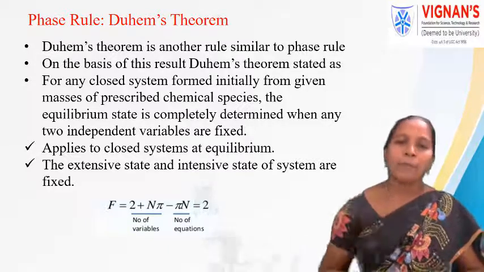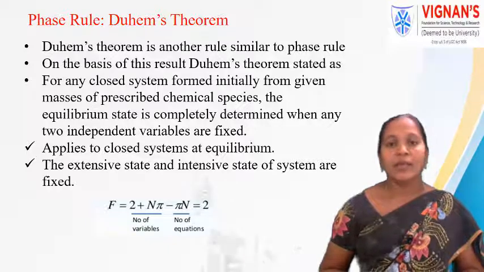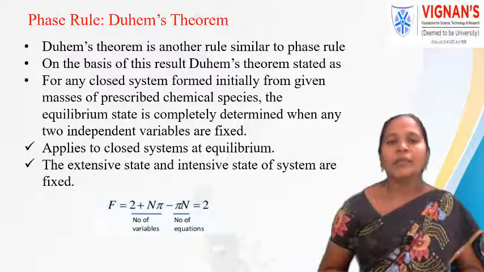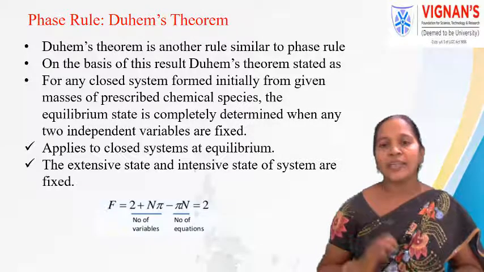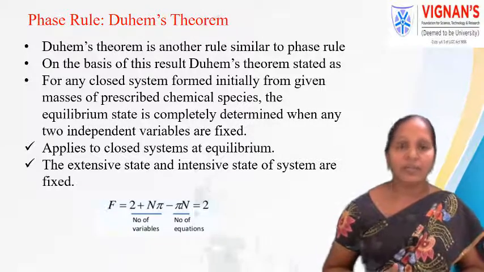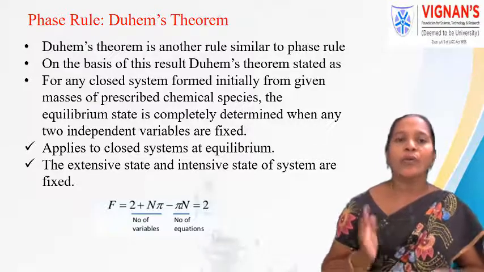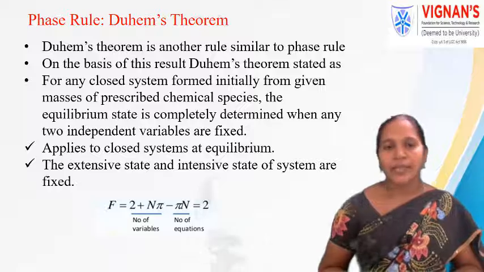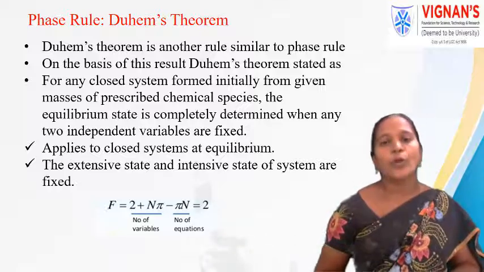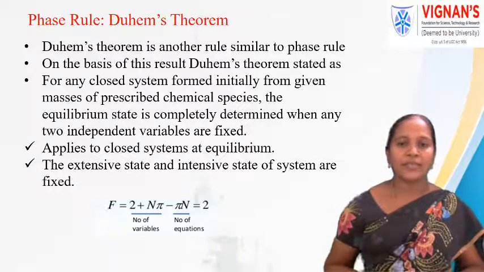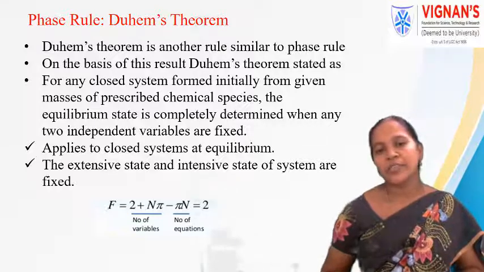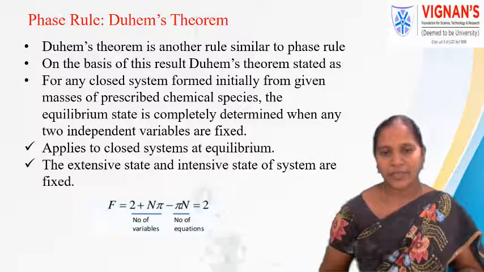Duhem's theorem applies to closed systems. The systems are at equilibrium. The extensive state and intensive state of the systems are fixed. Then only we apply Duhem's theorem. That is, F equals 2 plus n pi minus pi n, which equals 2: the number of variables minus the number of equations.